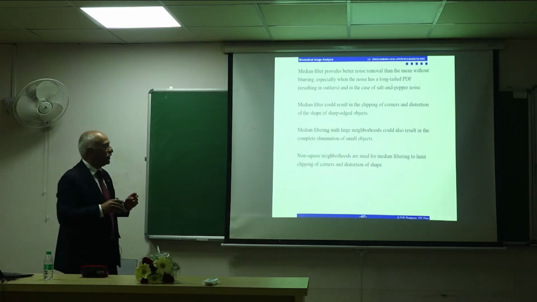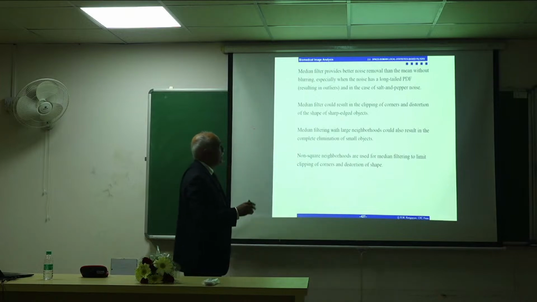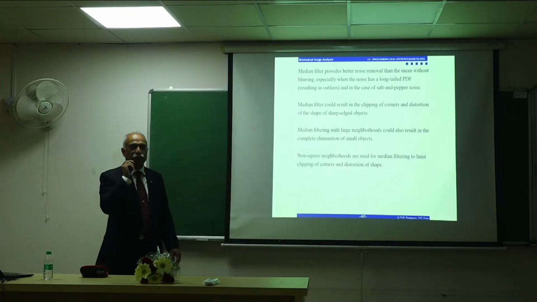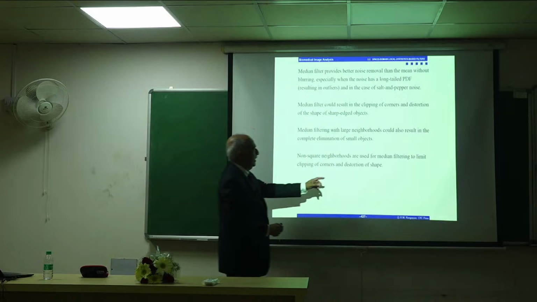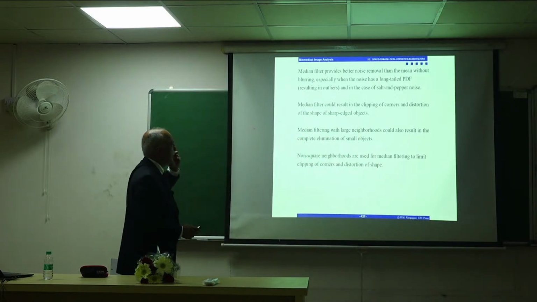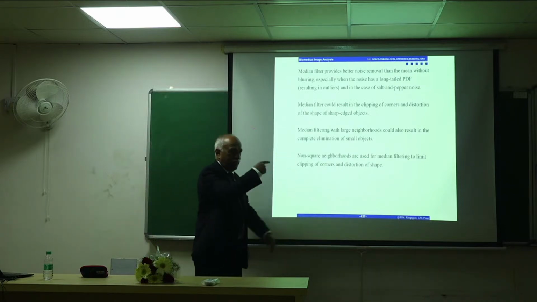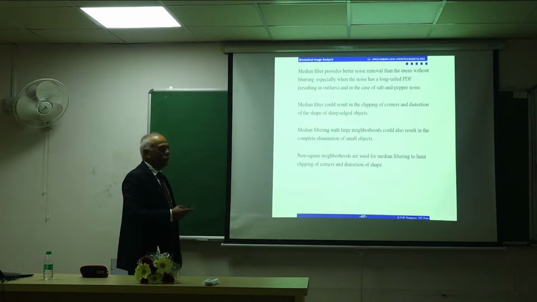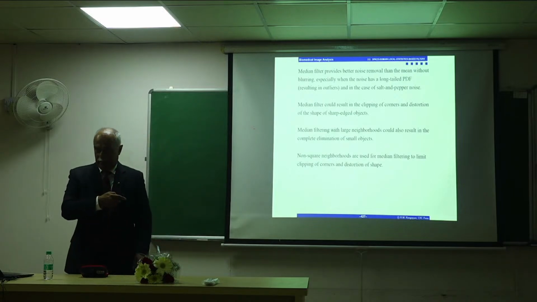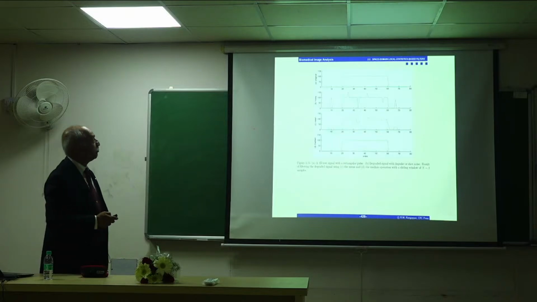Median filtering with large neighborhoods could result in the complete elimination of very small objects, such as a little dot. That'll go away when you apply a median filter. Non-square neighborhoods, like the other shapes I showed, are typically used in median filtering to avoid distortion of shape.